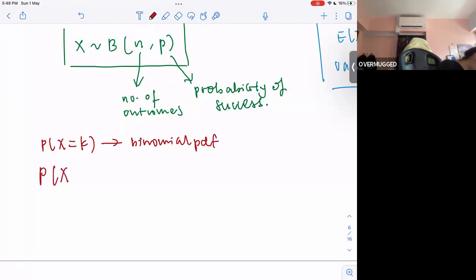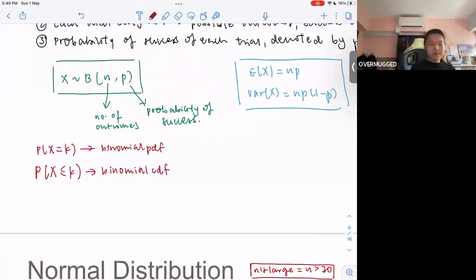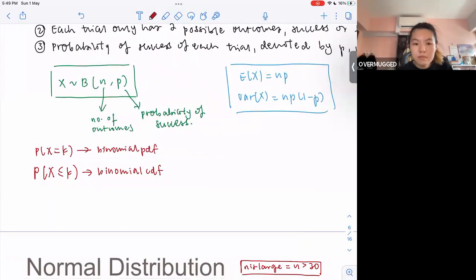If you're finding X less than or equal to something, this would be binomial CDF.